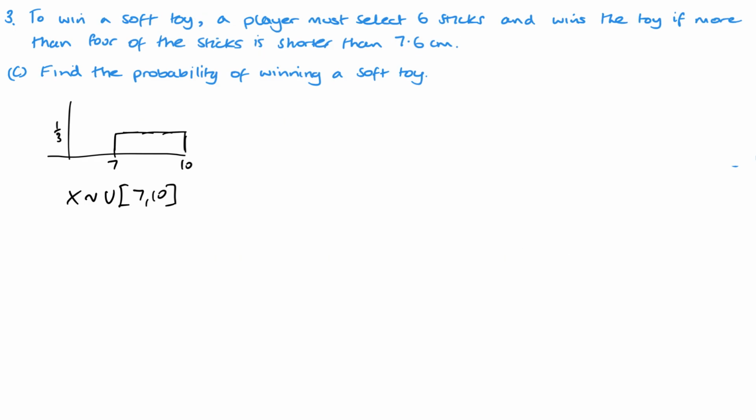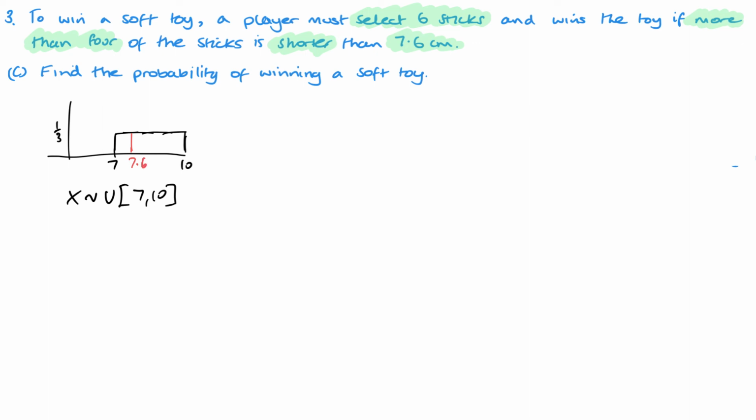So looking at it this time, we've got here, to win a soft toy, a player must select 6 sticks this time, and wins the toy if more than 4 are shorter than 7.6. So the first thing I want to do is find that probability.